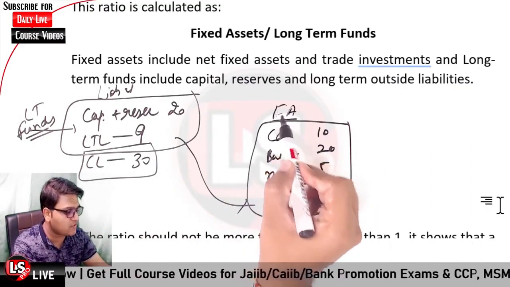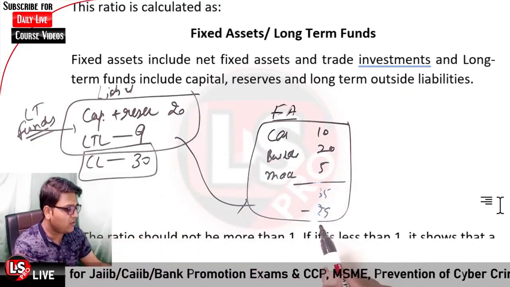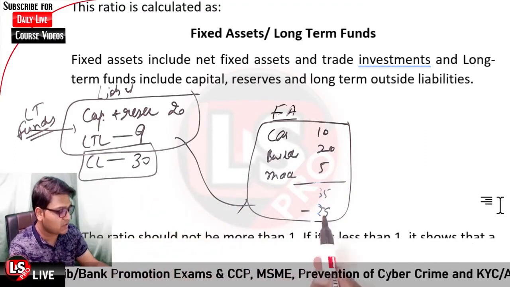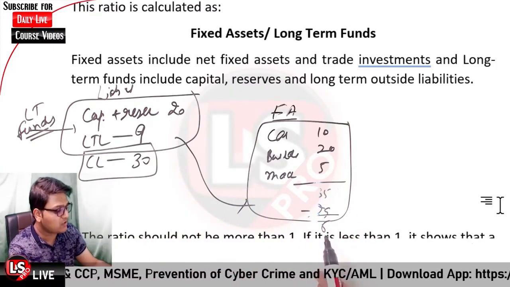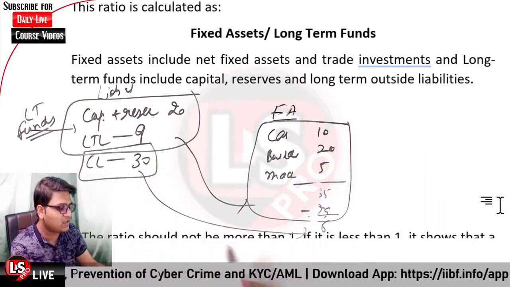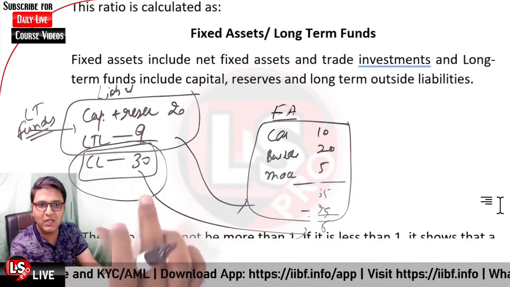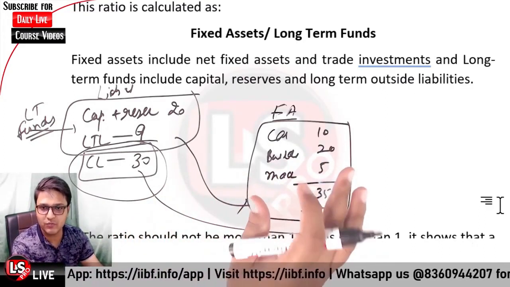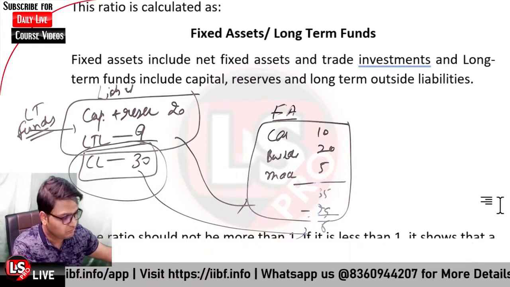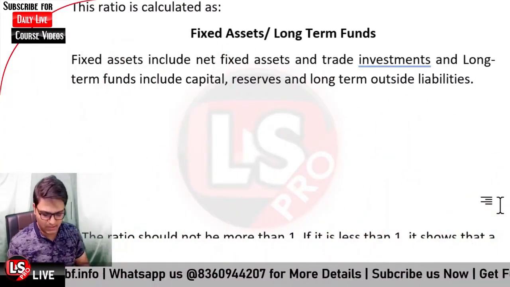The rest, 6, if we subtract 29 from 35, came from the current liabilities. So in a way you basically consumed the current liabilities to create your fixed assets, which is not advisable. So that is the case regarding the fixed assets ratio.